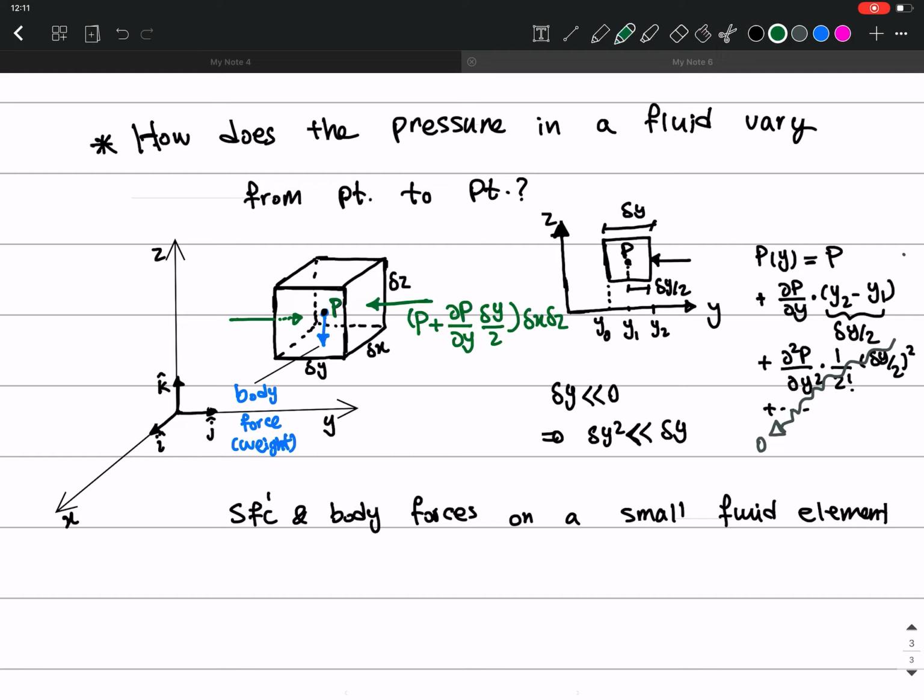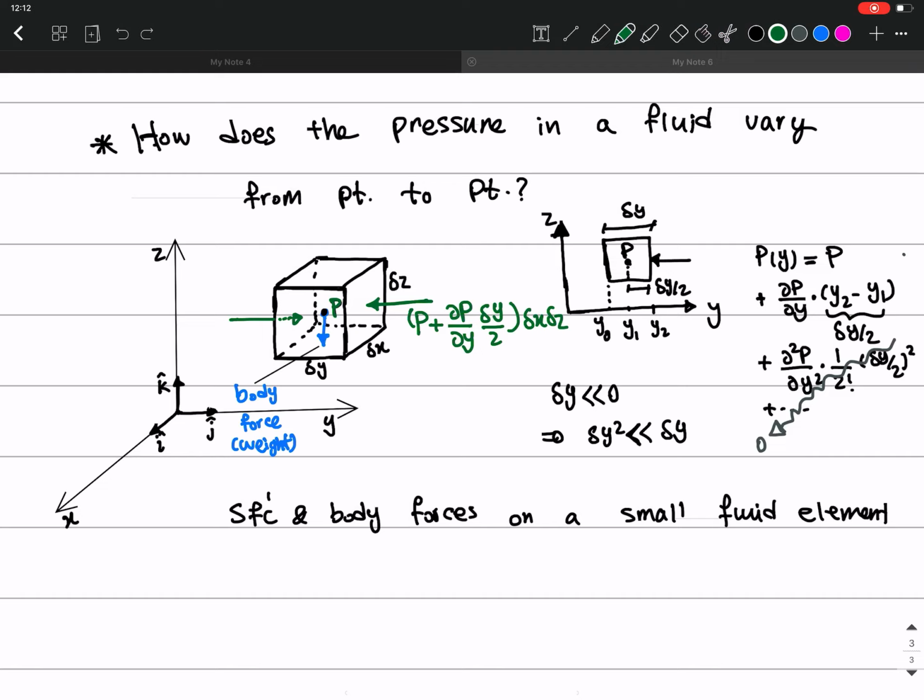So we are going to have p minus partial p over partial y. Let me write it here because it's going to be easier.